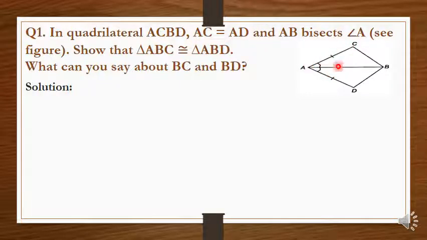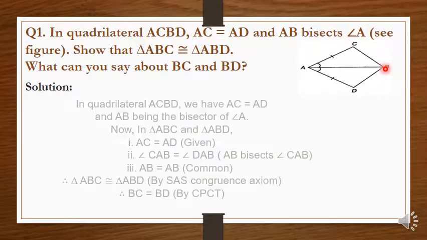So CAB is equal to DAB. And the side AB is common to both the triangles. That means triangle ABC has the side AB and also triangle ABD has the side AB.